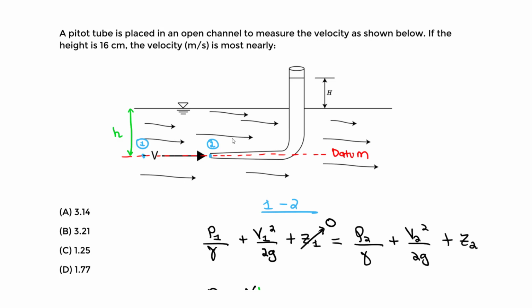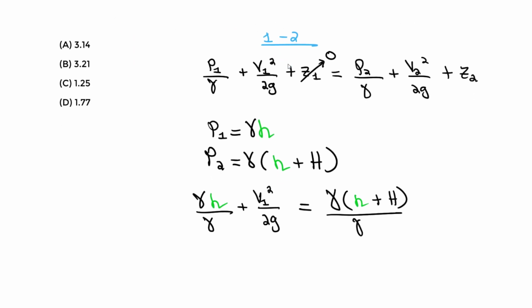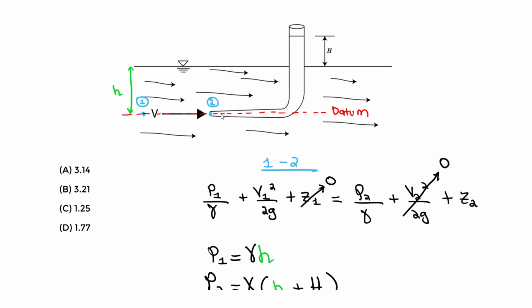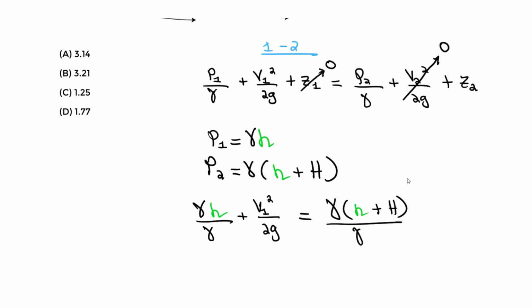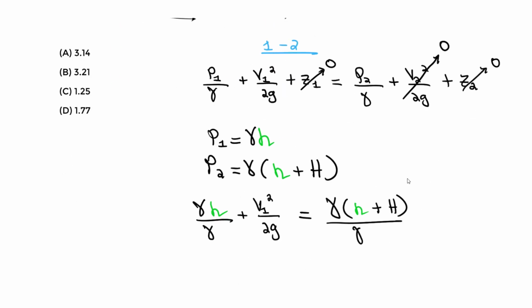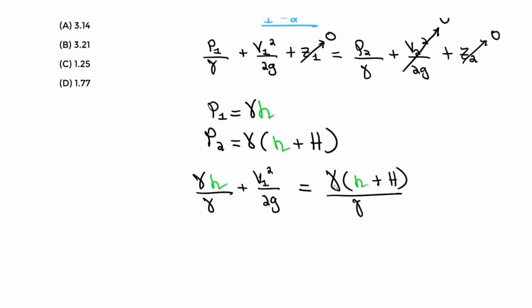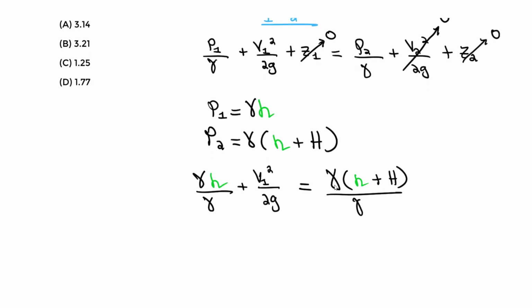So always, the velocity right at the mouth here is 0 at point 2. So here, this velocity is 0, it makes this whole thing become 0. So this is eliminated from the Bernoulli equation once we reduce it. And what's z2? Also, we know z2 hits the datum, so we have no elevation difference there. So this is 0. So what we have here, essentially reduced, is just that.